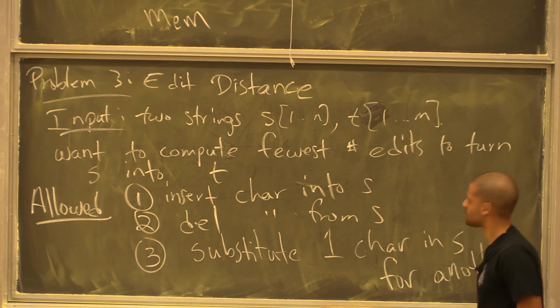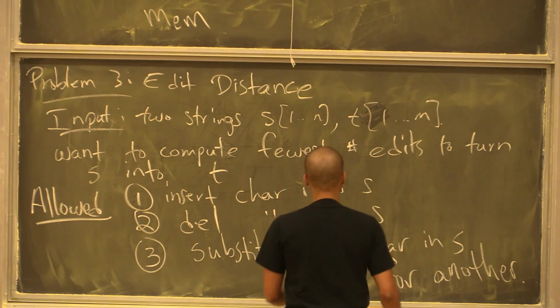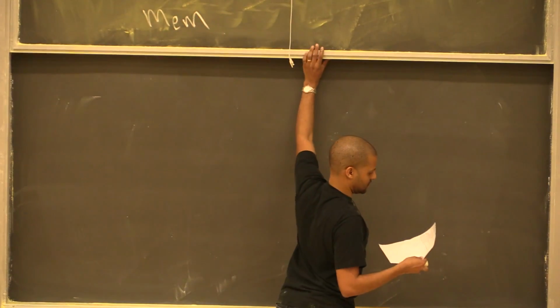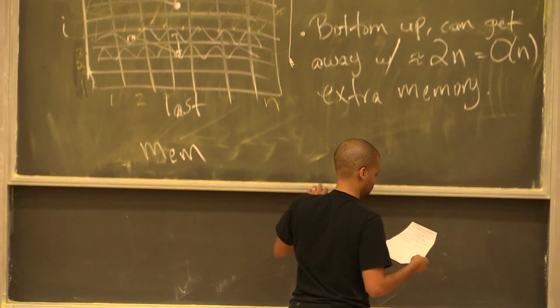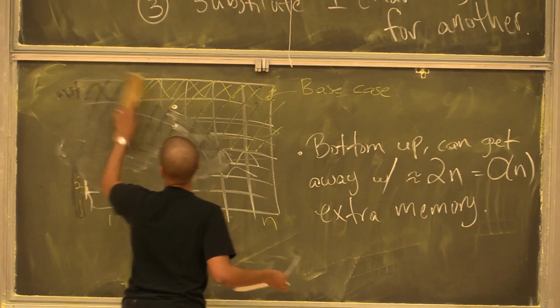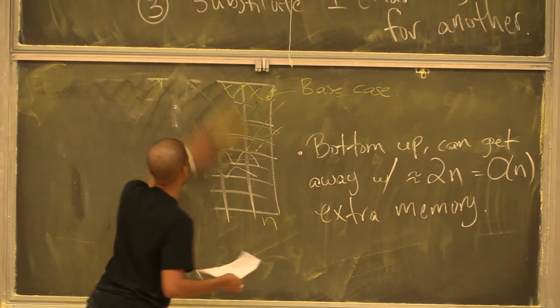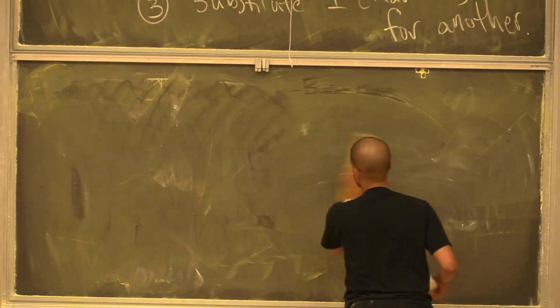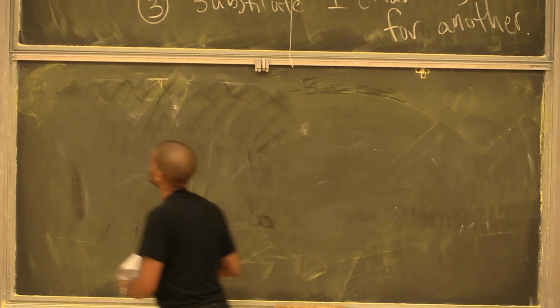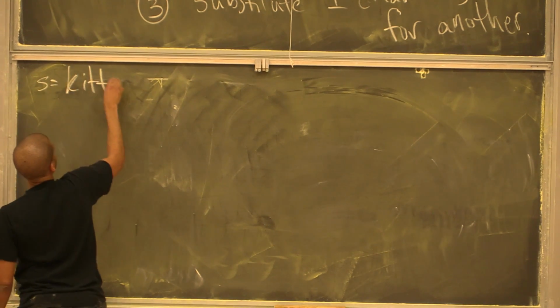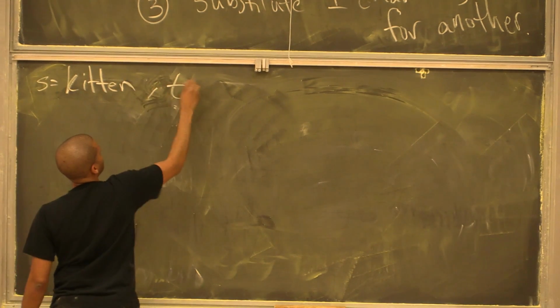Okay. So as an example, let's say S is kitten, and T is equal to sitting.